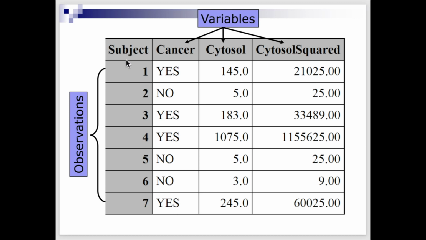And then the first column is a subject identifier, and the values here are numbers. But the question I would ask is, do these values actually have to be numbers? Or could we uniquely represent subjects or patients or observations using non-numeric information?